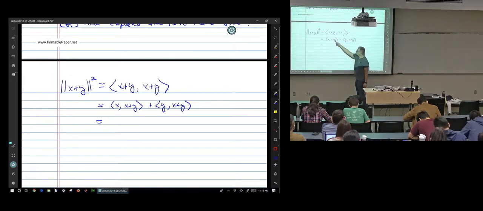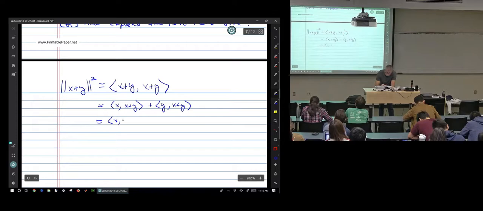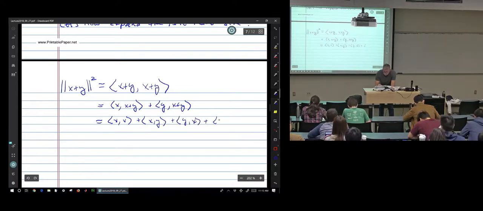Because we're in the real case and we don't have to worry about any complex conjugates, it's linear on the right. So that's the inner product of x with x plus the inner product of x with y, plus the inner product of y with x, plus the inner product of y with y.